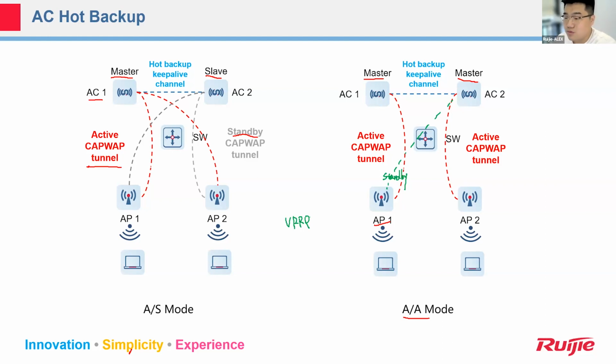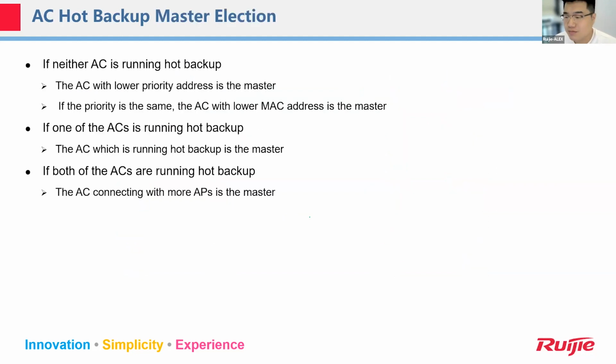In VRRP group 2, router 2 is a master. And at the same time, they are the backup of each other. Right? So obviously, if AC1 is down, all the APs managed by AC1 will move to AC2. They are also the backup of each other. This is the AC hot backup, which can be used to improve the reliability of the network.